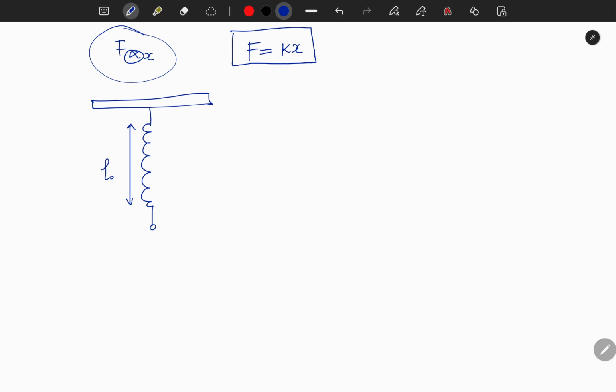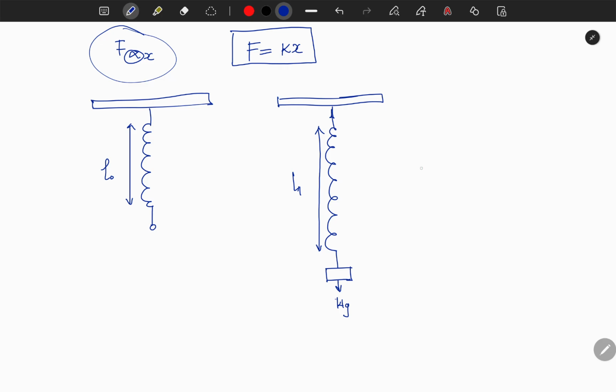Then when you attach an object of a certain mass or weight to this spring, you discover that it stretches. Maybe this is the box that we attached. This box has a force F acting downwards, which in this case is the weight, the force of gravity. So it stretches into a new length. Let's call that one L1.